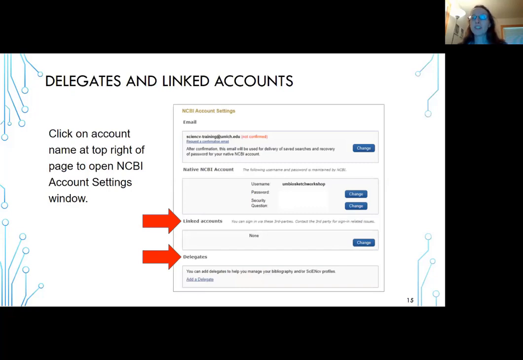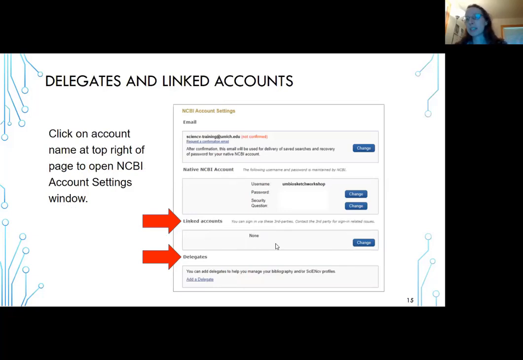I mentioned early on that research administrators can become delegates for SciENcv, also My Bibliography actually. Delegates and linked accounts are both taken care of under the NCBI account settings. That is the screenshot I have here. You can see I'm under the NCBI account settings, logged in with a personal account. About two-thirds of the way down, it says linked accounts, and currently it shows none.